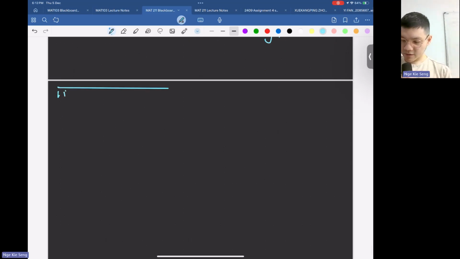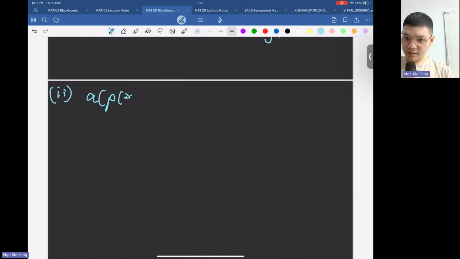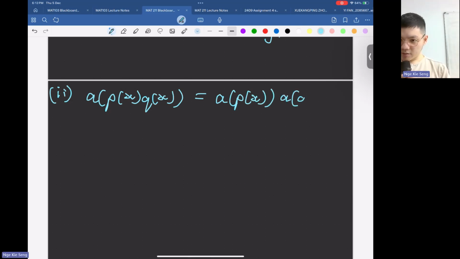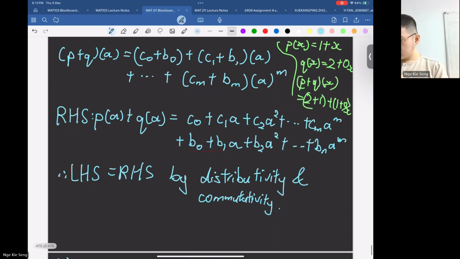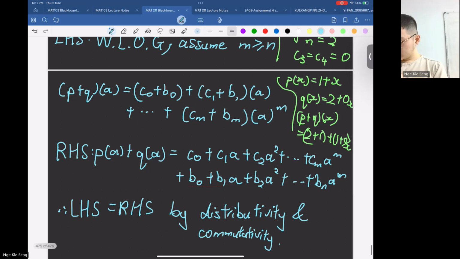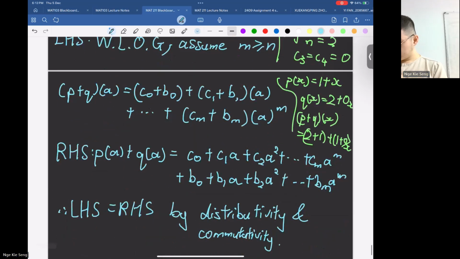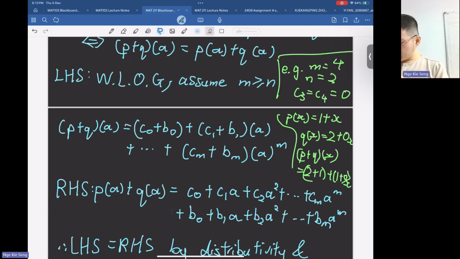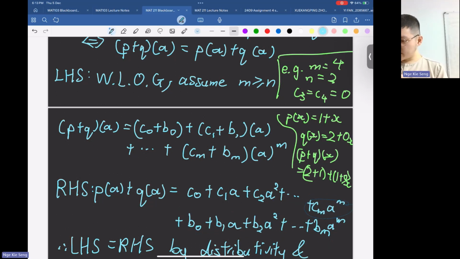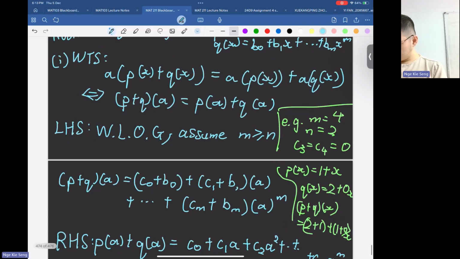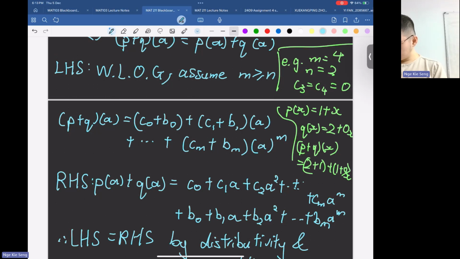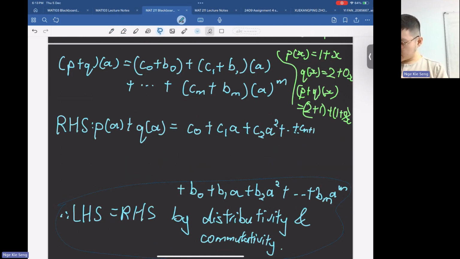How about the next one? For the second one, we want to show that (P times Q)(a) equals P(a) times Q(a). 哪里？什么东西写错？对，这样子哈。加等于零，那个零是夹在中间里面。其实是 n 加一开始就等于零啊。Okay, let's write down a bit more carefully here to tell you what is going on.